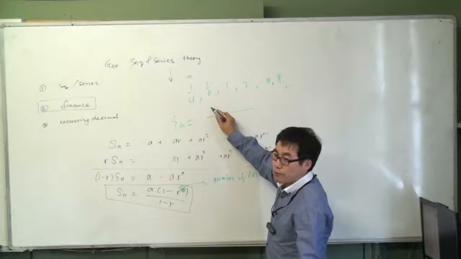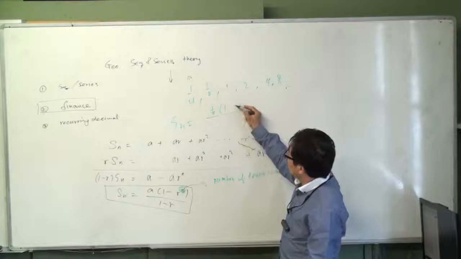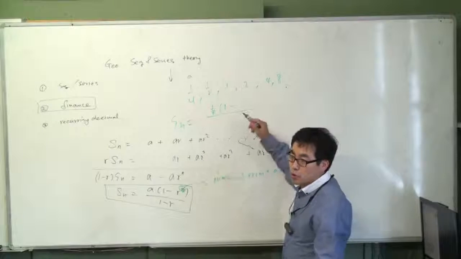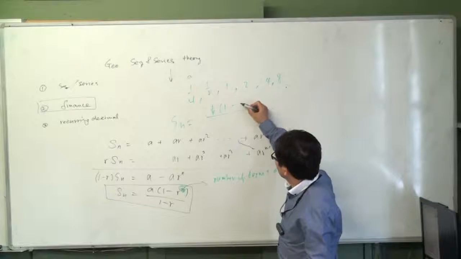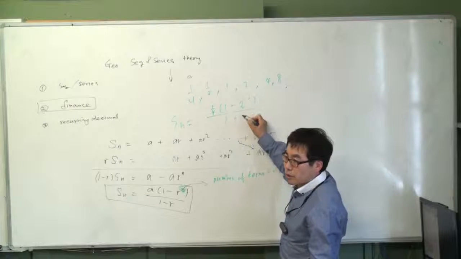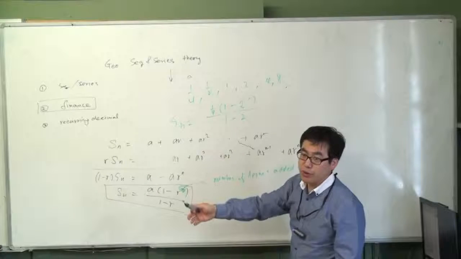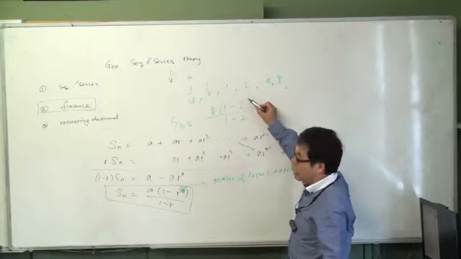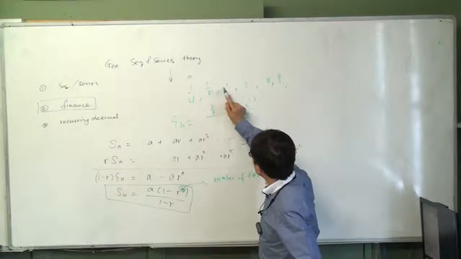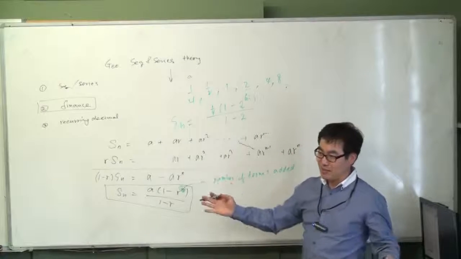What is the first term? 1/4 is the first term. 1 minus, what's the common ratio? 2, isn't it? We've been multiplying by 2. 1 minus common ratio 2. So everything is very straightforward. The only question is how many terms there are. In this case, you don't need to worry. Just count: 1, 2, 3, 4, 5, 6. 6. That's what I'm saying.